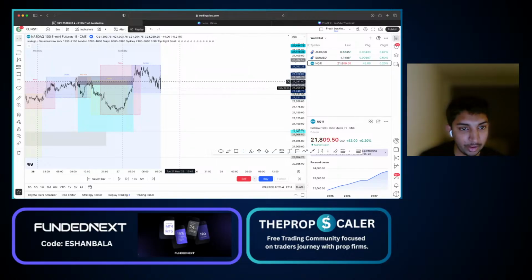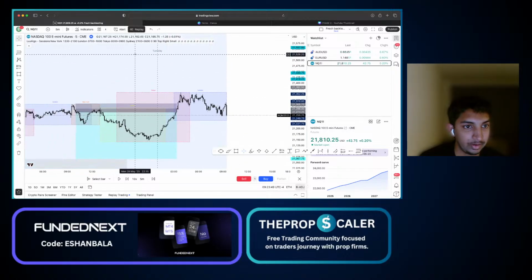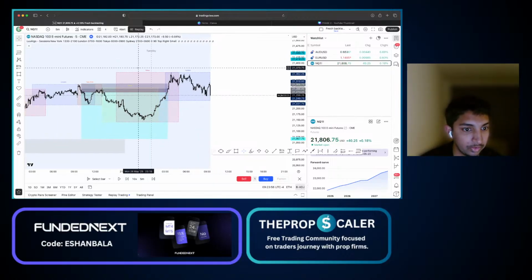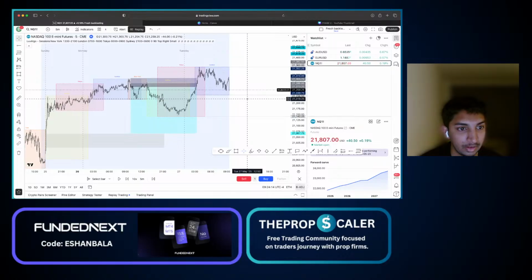So we'll get rid of our previous lines. Got rid of them. And what we'll do is we will now mark out our session highs and session lows. So we have Asia low over here, and Asia high is also London high. We have London low here, and then the previous day high and low.